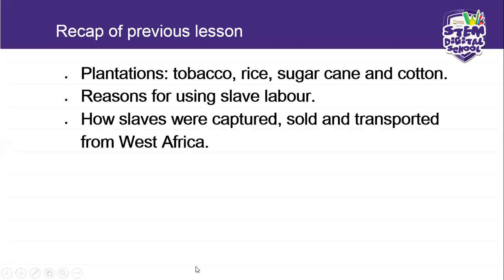The recap of the previous lesson: we looked at plantations, reasons for using slave labor, and how slaves were captured, sold, and transported from West Africa. So that's what we did in the last lesson.